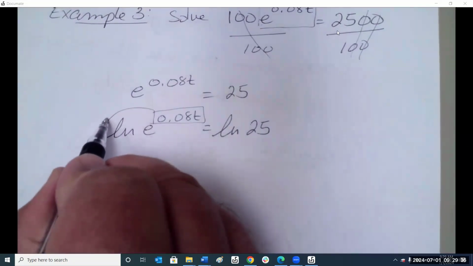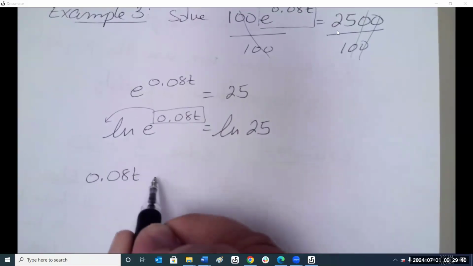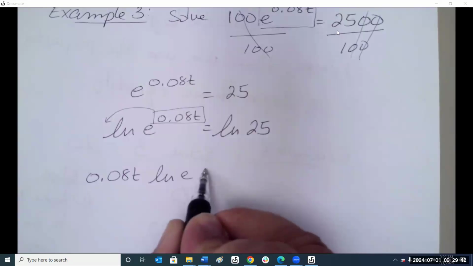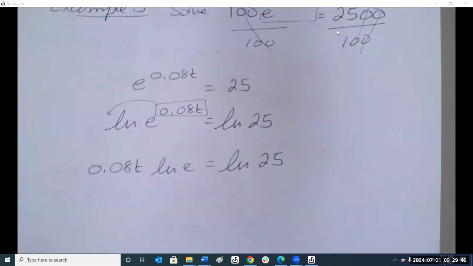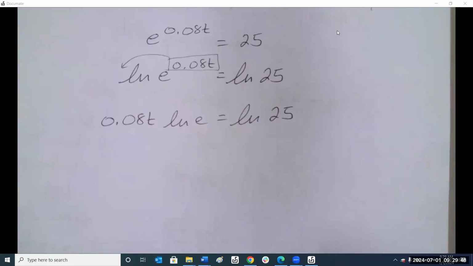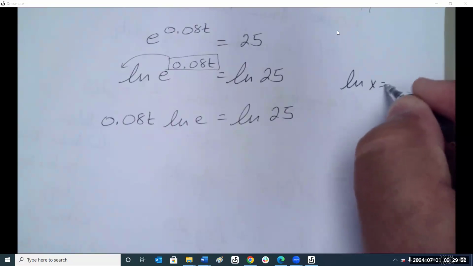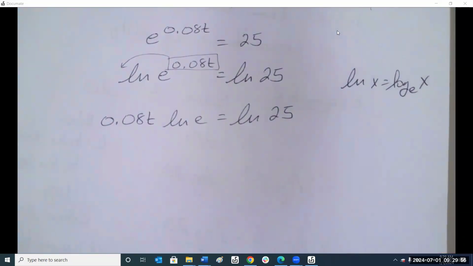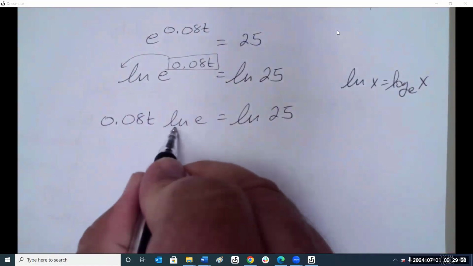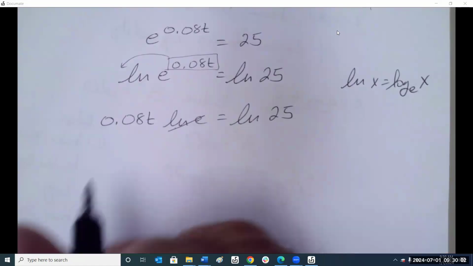So the exponent goes out in front, because remember, ln is already log base e. Since the base and the operation are the same, that equals 1.